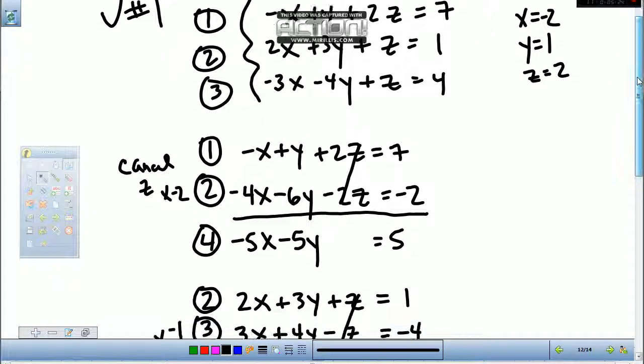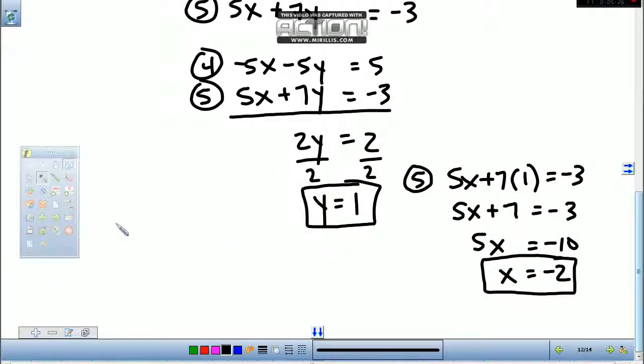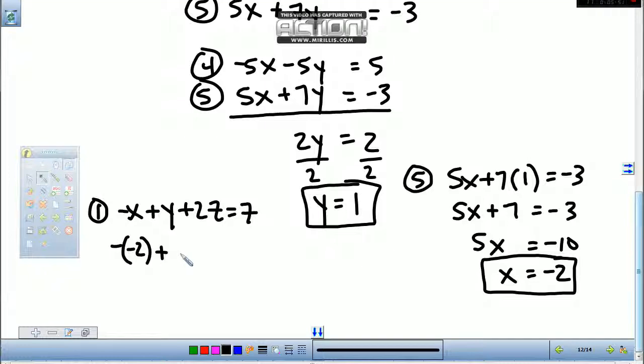All right, you guys are going to have to read that to me, so we're going to plug it into 1. What was the equation? Negative x. You can put negative 2. Okay, just go ahead and give me the equation and I'll substitute. Plus y plus 2z equals 7. Okay, so negative x, so negative parenthesis negative 2 plus 1 plus 2z equals 7.